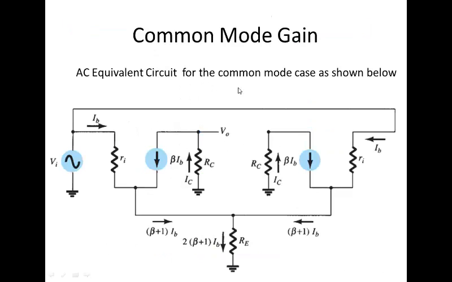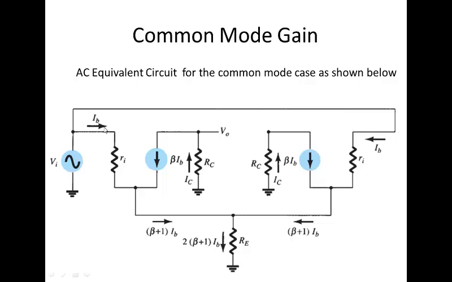So this is the AC equivalent circuit for the common mode case, in which the input signals are common to both inputs, the same signal is applied at both inputs. And again, this is the RE model of transistor 1 and RE model of transistor 2, and these are the collector resistances, and this is the emitter resistance.